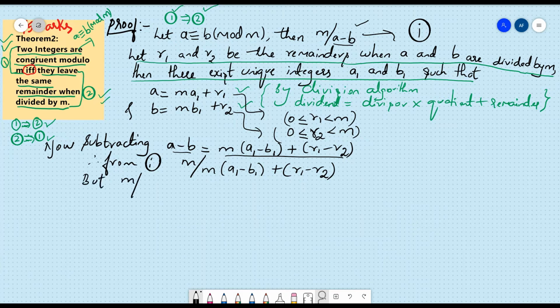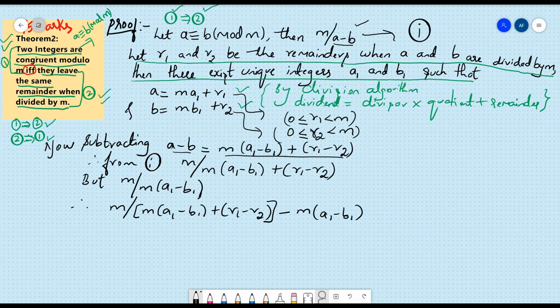But M divides M of A1 minus B1, since M divides M. It is very simple, but please make a note of it.